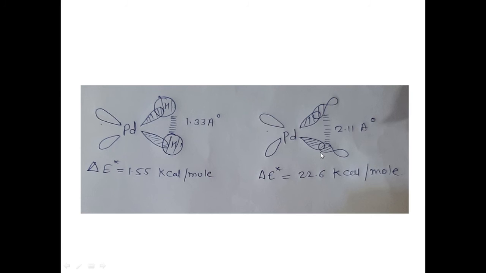In this other complex, see here the p orbital overlaps with another p orbital, and you can see the distance between these two p orbitals is large, and that is why the energy is also high, that is 22.6.